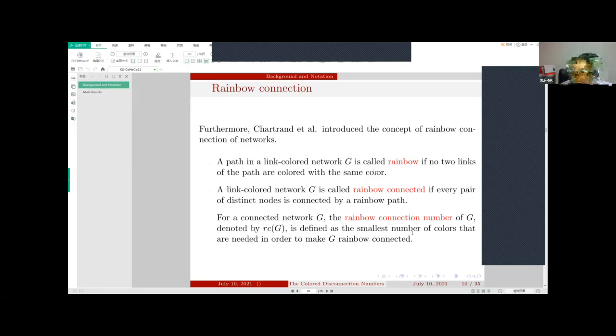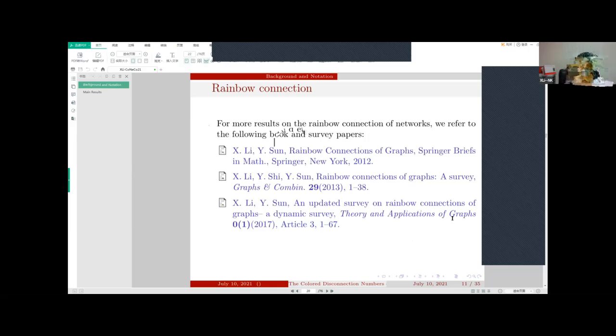If you have a connected network G and you want to color it to be rainbow connected, the minimum number of colors you need is the rainbow connection number. It is a kind of chromatic number. There are papers, survey papers and a book on this.